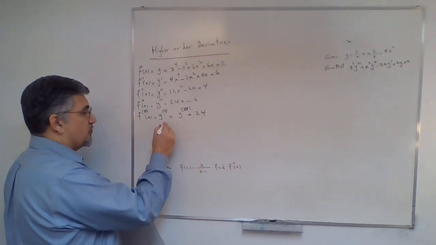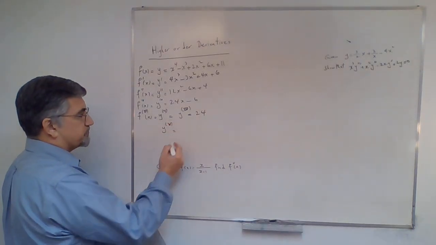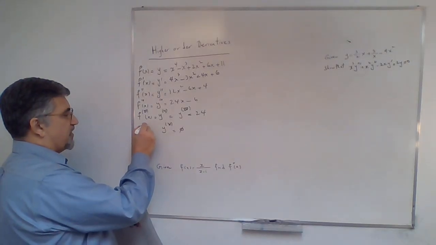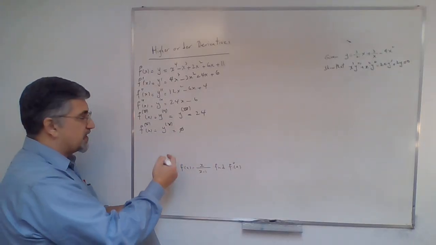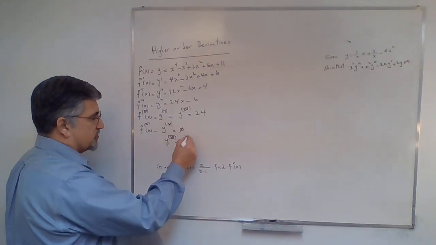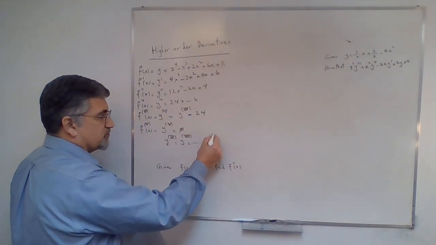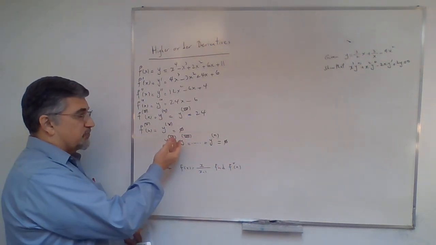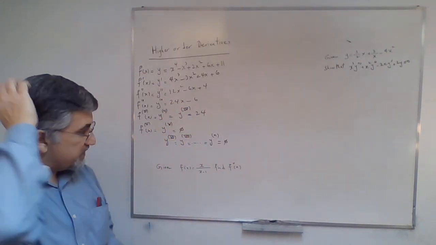The fifth derivative would be y, and then I use Roman numerals here. And of course, it would be 0. And I can write f and then brackets, Roman numeral 5, of x. And from that step on, the sixth derivative, and all of those up to the nth derivative of the function, would be 0, because we ended up with 0 after 1, 2, 3, 4, 5 steps, right?